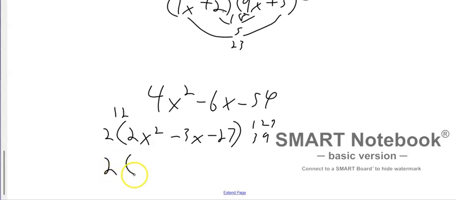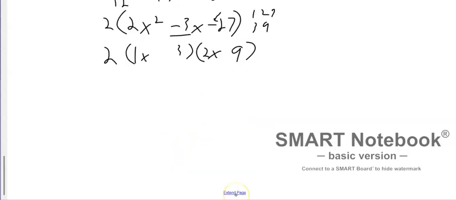Don't forget to bring the 2 down. And now here I go. I know it's got to be 1x and 2x. That's nice. And I'm going to try 3 and 9. Remember, they differ by 3, specifically a negative 3. So this is 6. That is 9.